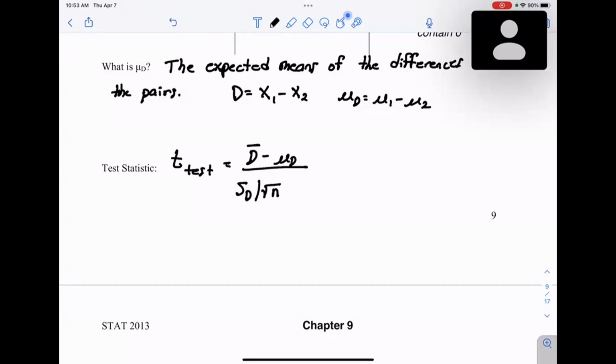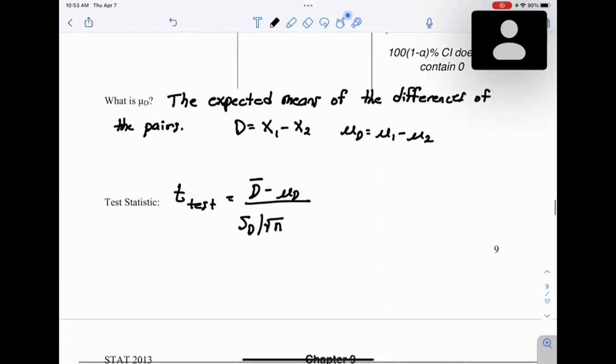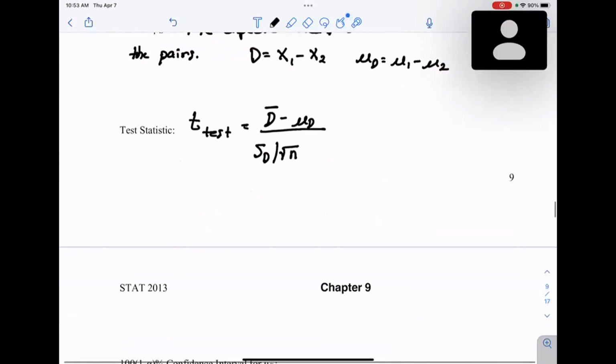But under the null hypothesis above, we have that mu d equals 0, so this part goes away. You're just left with d bar divided by SD over the square root of n.